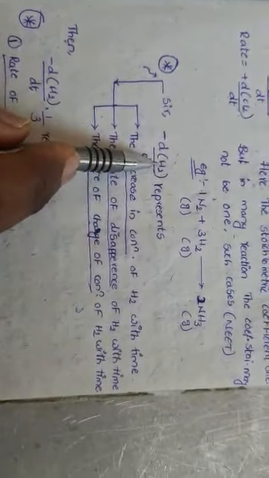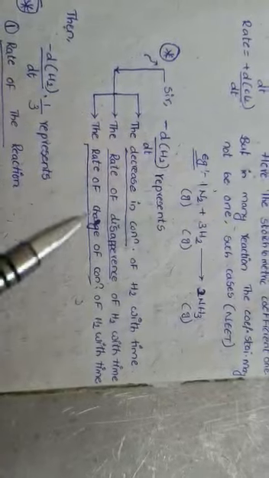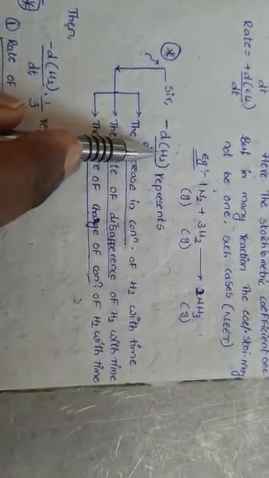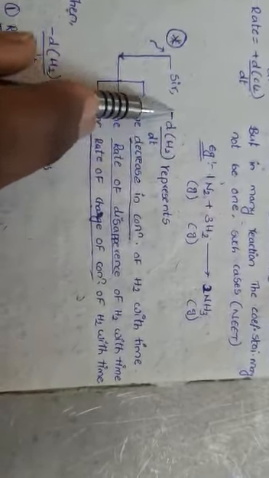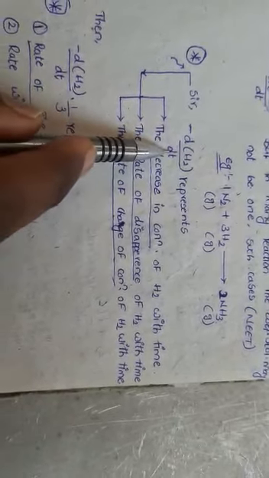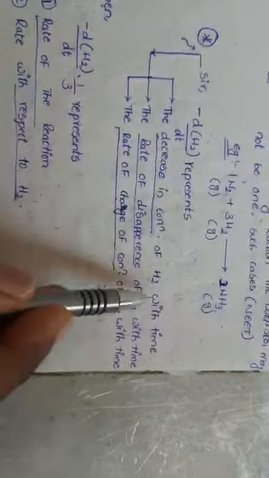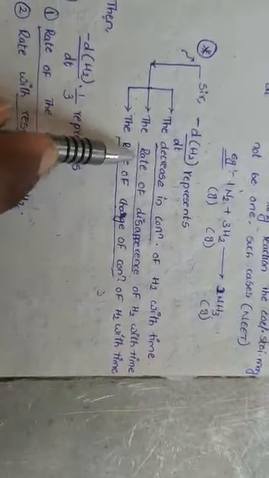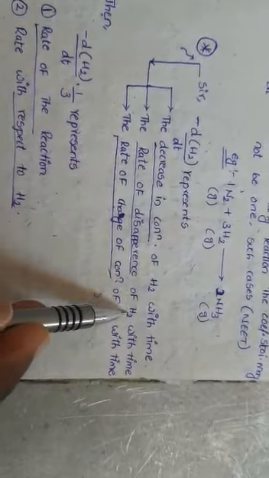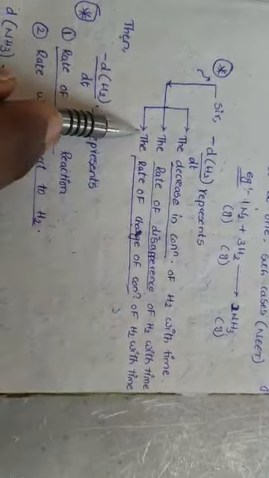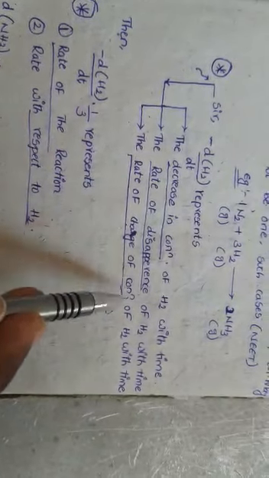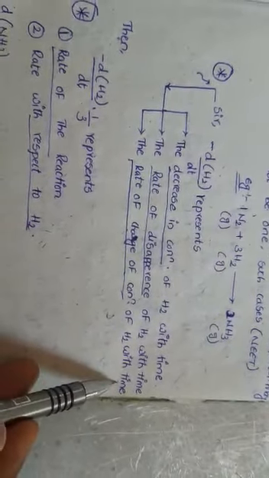Here the hydrogen concentration decreases, so the hydrogen rate also decreases. So this term, d of H2 by dt, indicates the decrease in concentration of H2 with time, or the rate of disappearance of H2, otherwise the rate of change of concentration of H2 with time.